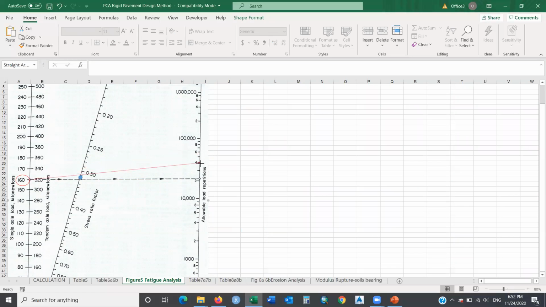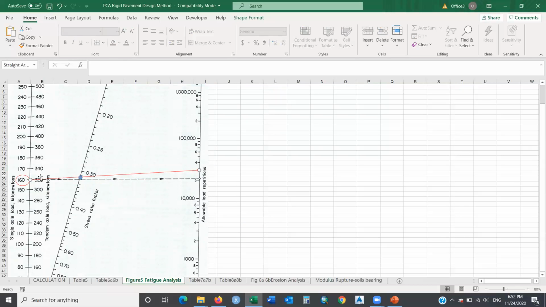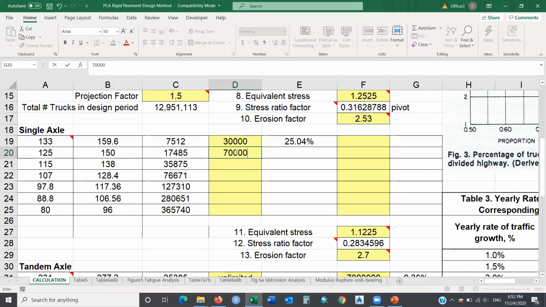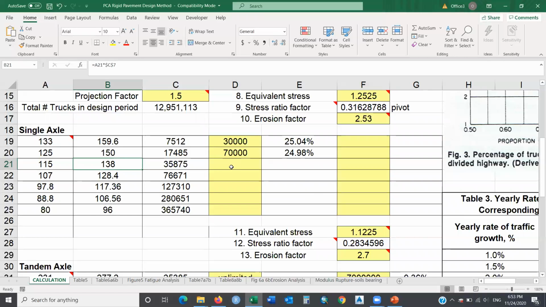160. 30,000. 150. 70,000. 138. 300,000. 128.